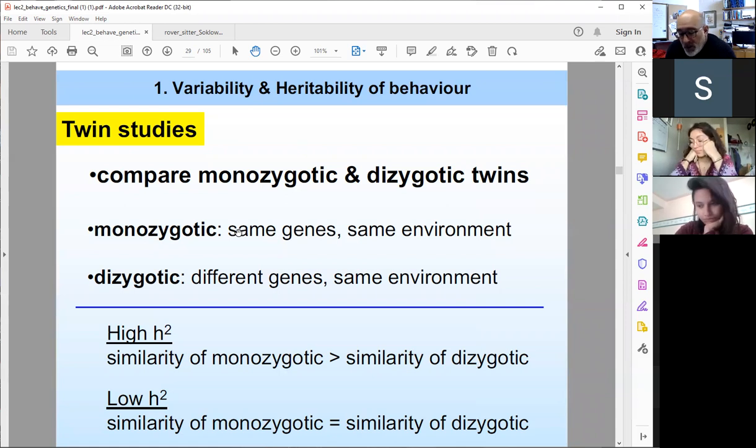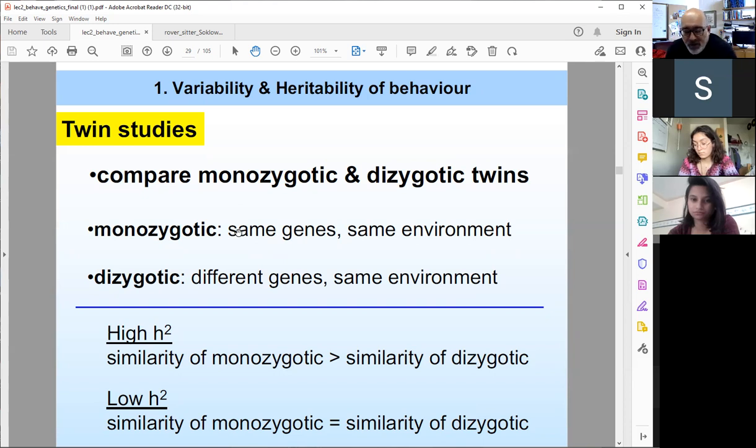I'm not speaking specifically about intelligence here, but if complex behaviors are highly heritable, that is, if there's a high heritability between parent and offspring, then we would expect that monozygotic twins should be more similar to each other in terms of complex behavior than dizygotic twins, right? That's simply because monozygotic twins share the exact same genome.